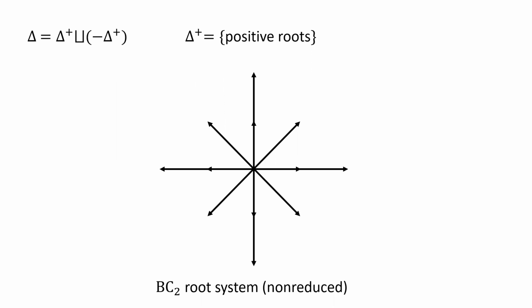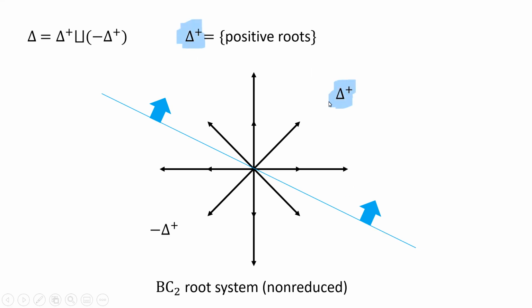You must go to the theory of real semi-simple Lie groups or symmetric spaces. Okay, so in order to define positive roots, we take a hyperplane not containing any of the roots, and we choose one of the half spaces, half planes. Okay, so the roots on the one side are precisely the positive roots, and the others are the negative roots.